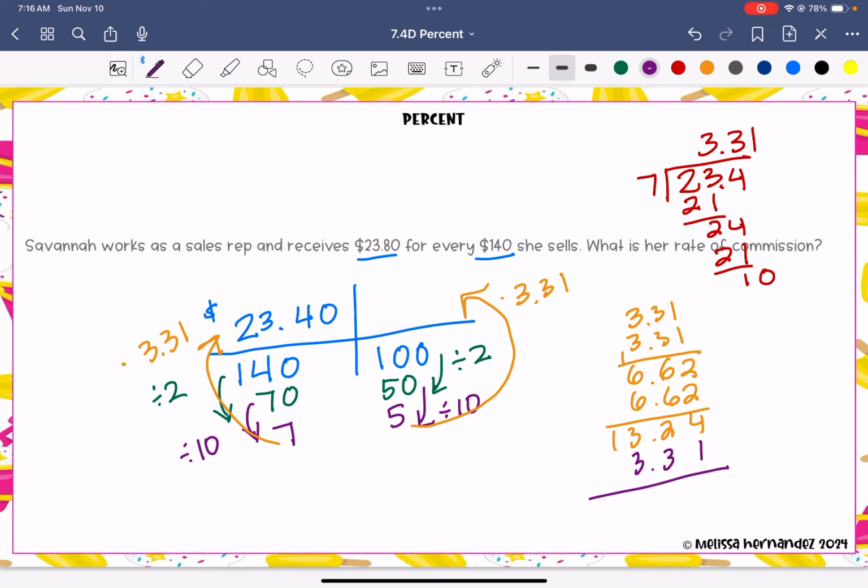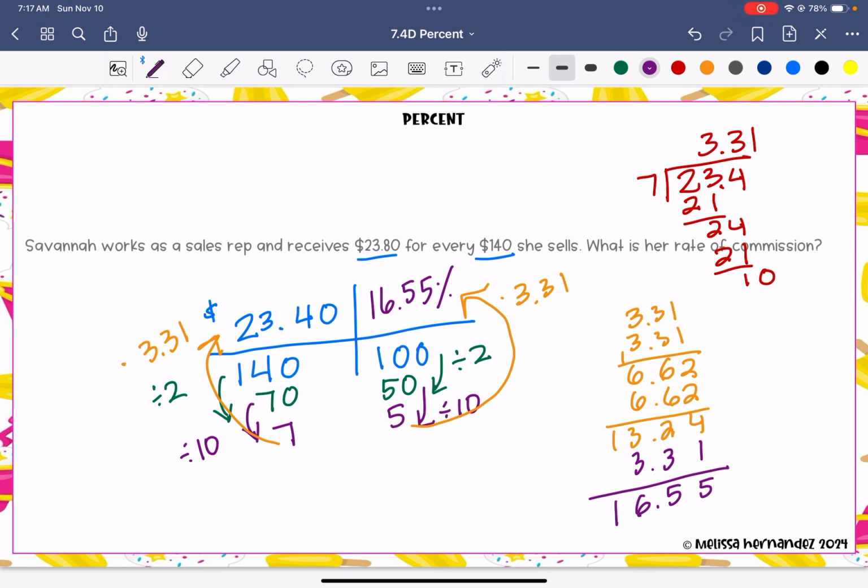So if you notice, I added 3.31, 3.31, got 6.62. I doubled that, which gave me really 4. Now I'm going to add another one to be 5. So this would be 16.55%. Maybe if it was rounding it to 17.